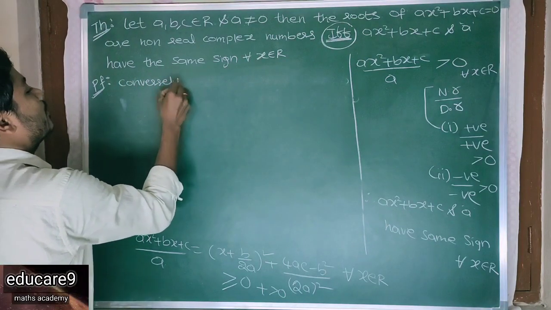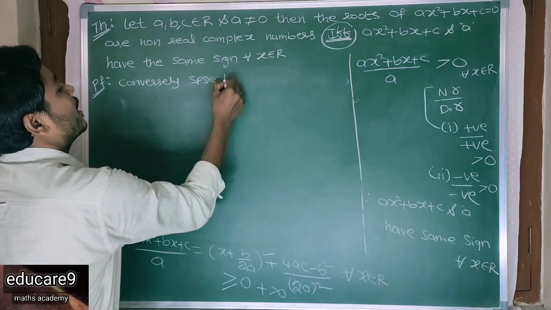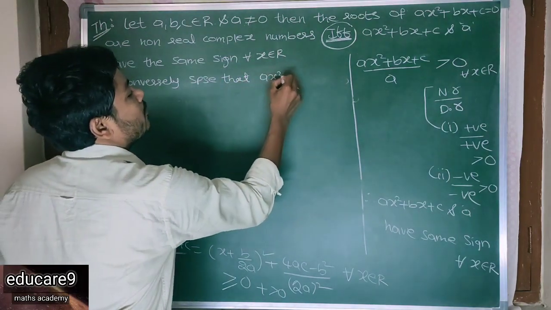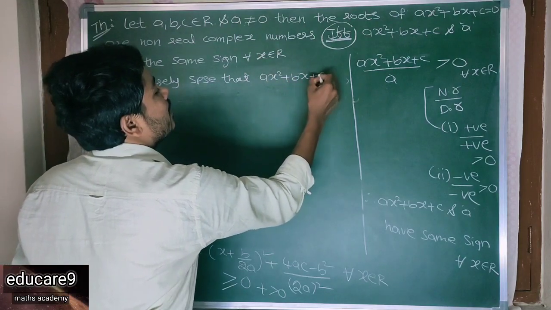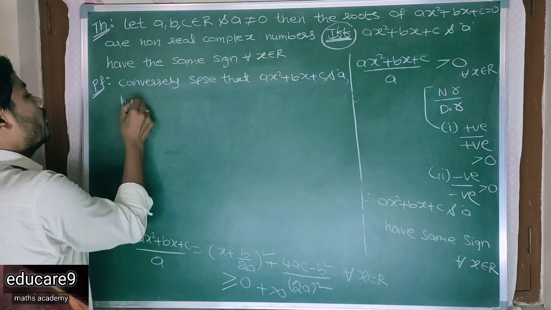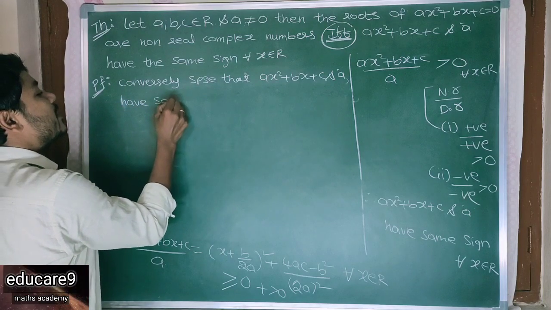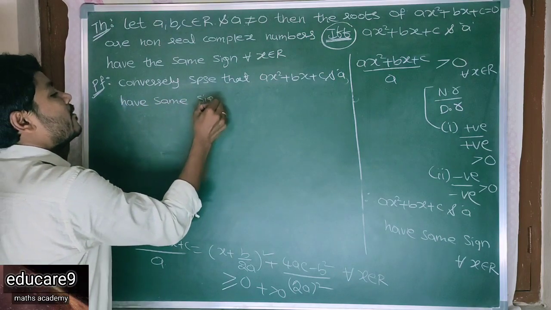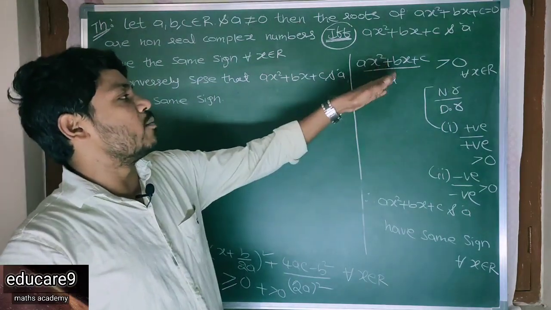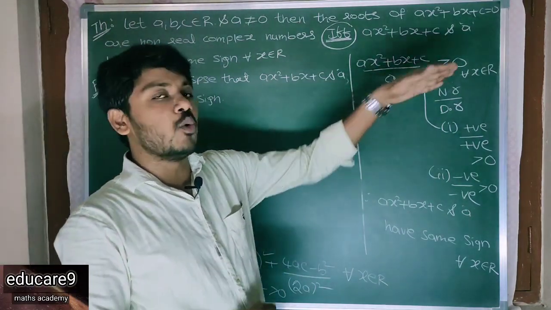Conversely, suppose that ax square plus bx plus c and a have the same sign. Whenever these two have the same sign, the expression divided by a is positive.